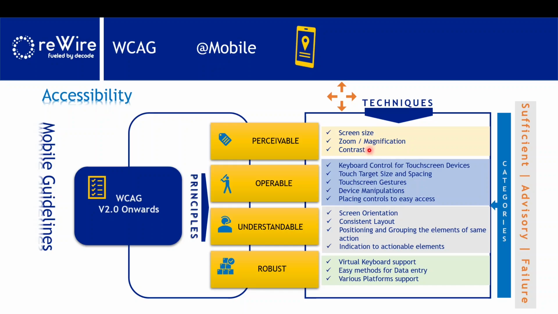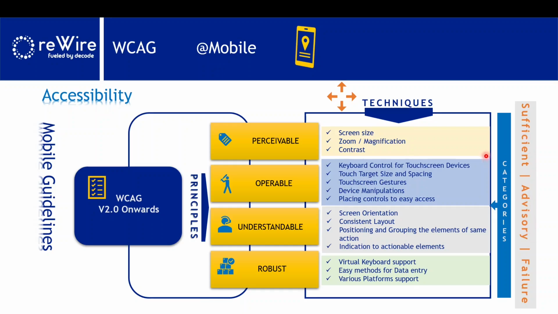That will be covered as part of this perceivable principle. And these techniques are categorized under three categories: sufficient, advisory, and failure. Sufficient means these particular techniques should satisfy this application for these users. That kind of description they have defined.